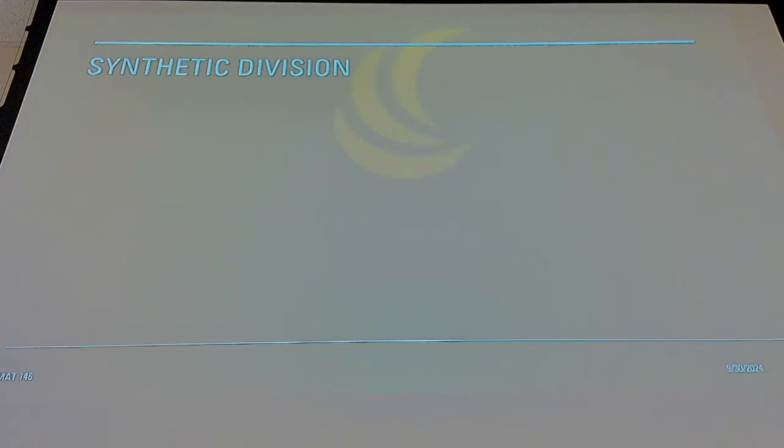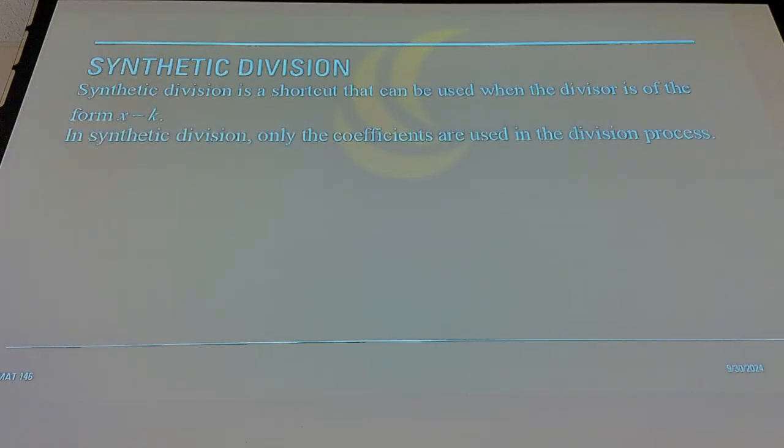Specifically, when your divisor is of the form x minus k. Synthetic makes it easier in the sense that when you perform synthetic division, it's only the coefficients that you use.